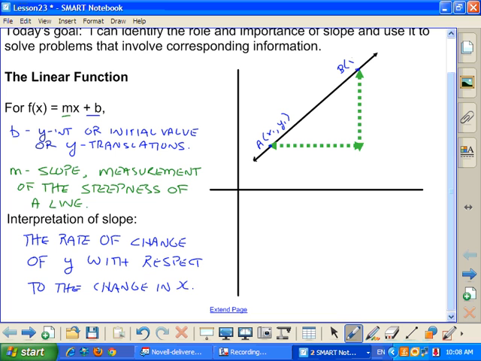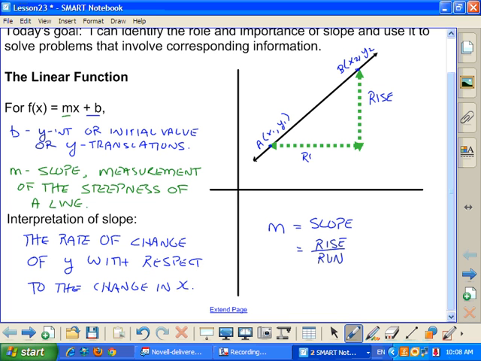Point B would be at x2, y2. And underneath, we know that slope is equal to rise over run, and that's what we really started with in grade 9. So I'm really going back to the basics here. This was our rise.